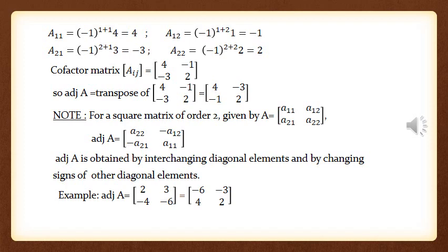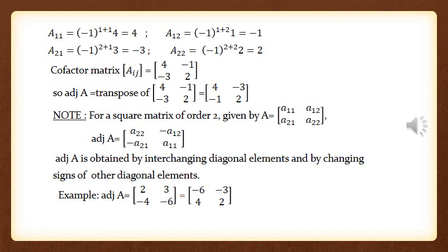Here A22 is equal to negative 1 raised to 2 plus 2 into its minor of 4. Minor of 4 is 2 only. So we are getting 2. Now the cofactor matrix will be matrix 4, negative 1, negative 3, 2. Now take its transpose, that is called adjoint A. Then adjoint A is equal to matrix 4, negative 3, negative 1, 2.